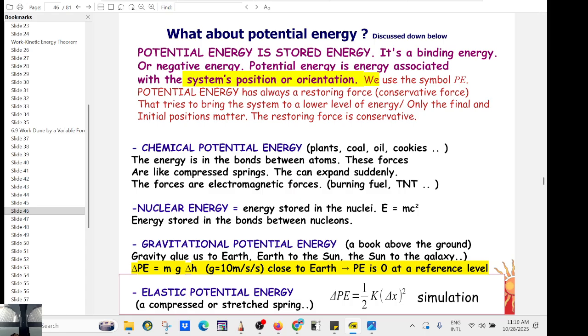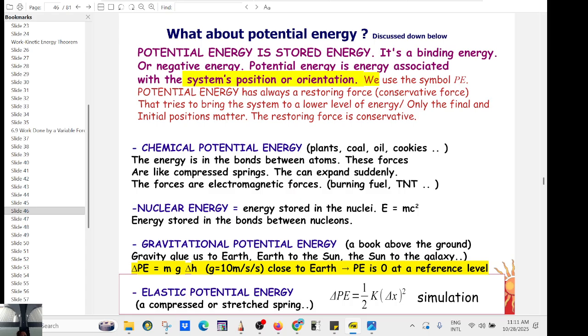So where does it come from? It comes from the electrons. Electrons have a high level of energy in glucose, for example, and then when you break those bonds, those electrons will go down to a lower level of energy, and that energy release, which is very complicated, very interesting, will go into ATP.